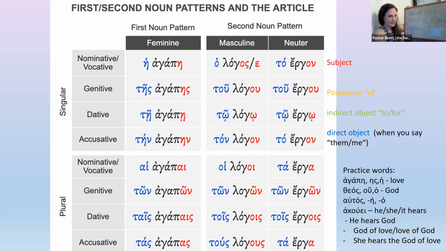So let's talk about why this matters. Well, I had another example. She hears the God of love. So she hears the God of love would be akue.